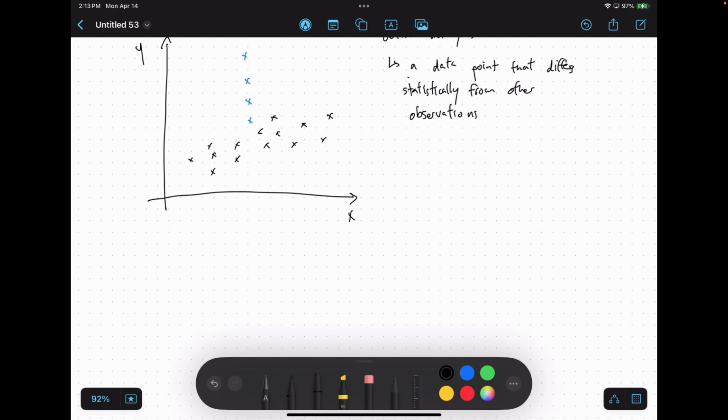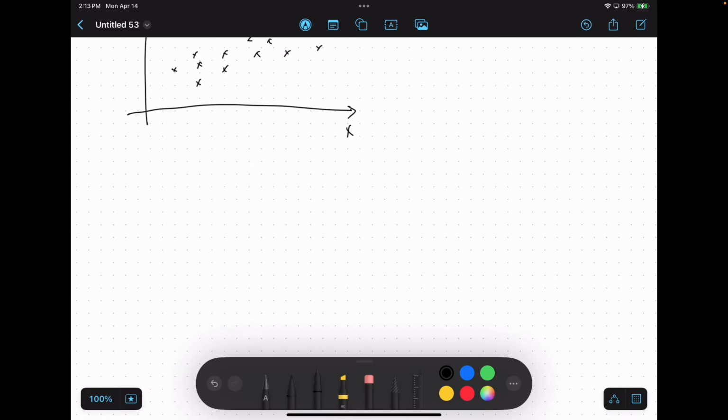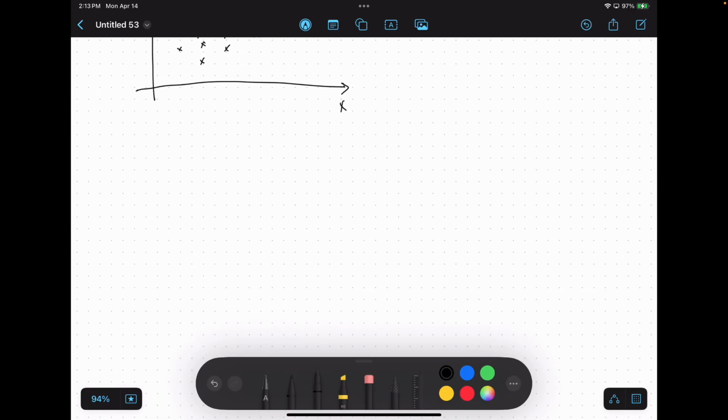We're going to talk about two main ways that people typically measure the presence of an outlier. The first we're going to call leverage.